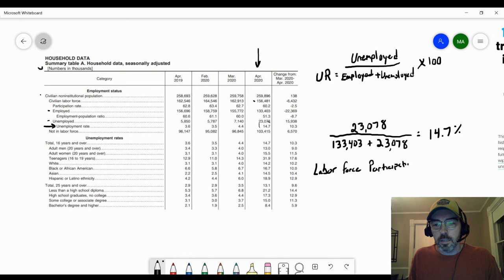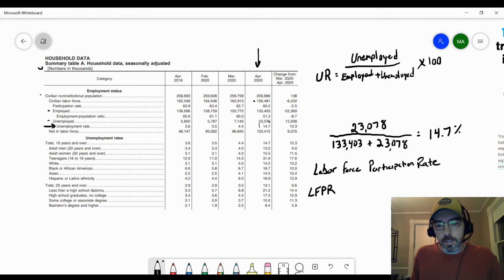Sometimes, in fact, frequently, it is abbreviated by the four letters LFPR, labor force participation rate. This is going to tell us what percentage of the adult population is working or attempting to work.